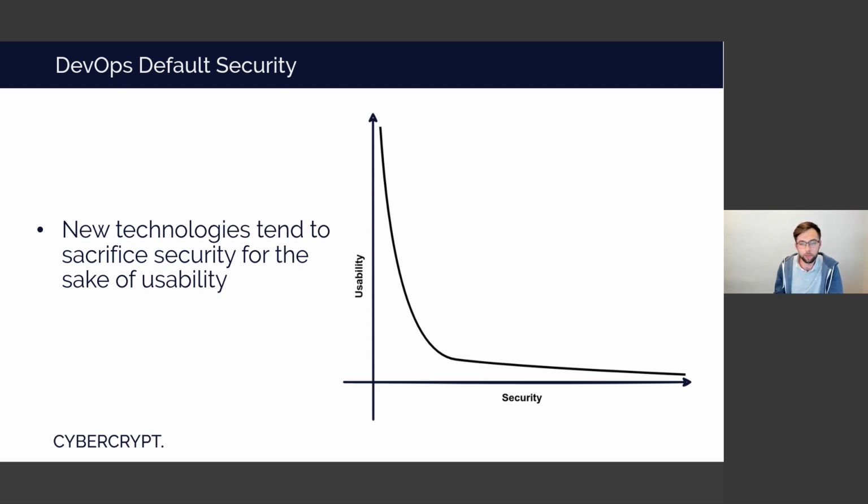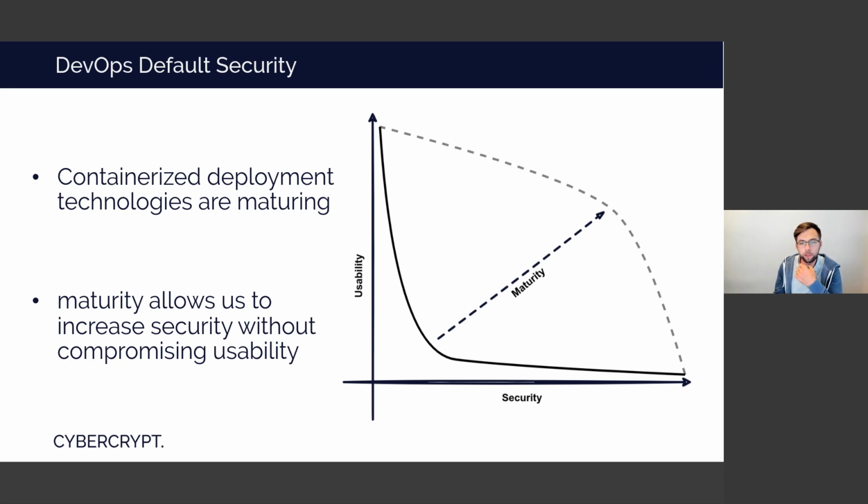And what I believe, and what we at Cybercreek believe, is that there is another dimension to it, another element to this trade-off, which is called maturity. So it's like a third dimension, if you might say.